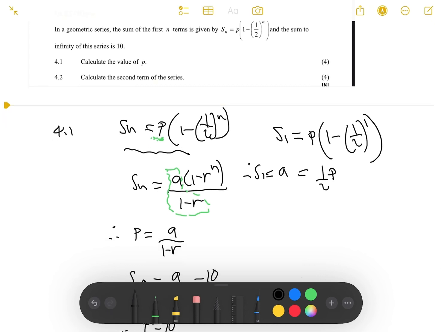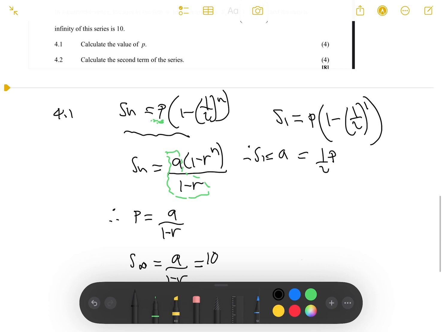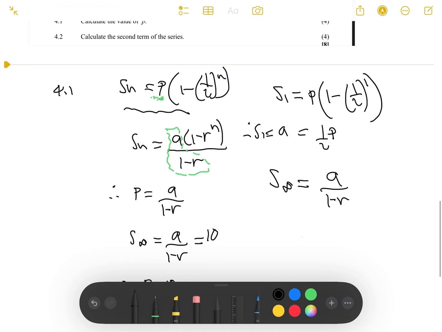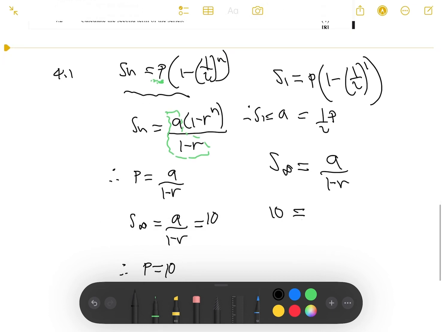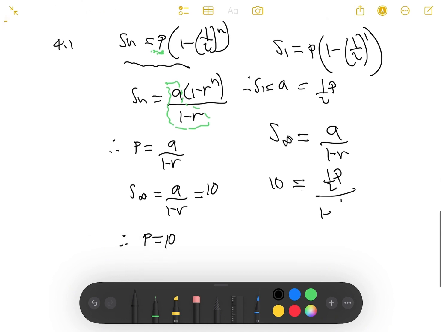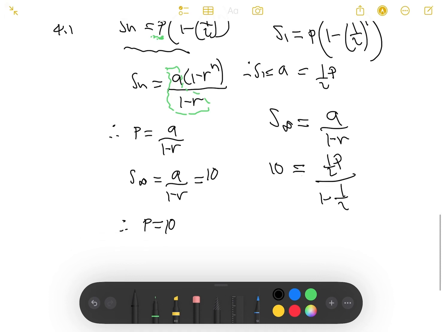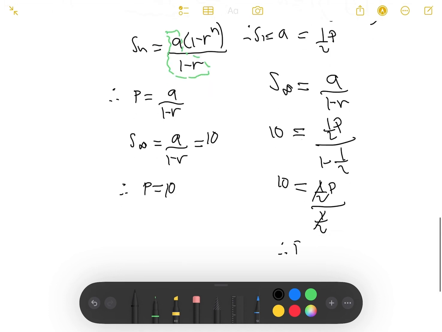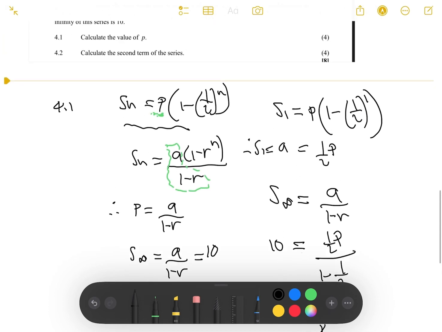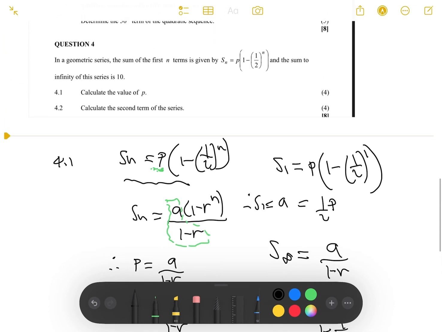And then from that, we therefore say S infinity is equals to a over 1 minus r, of which we are given this as 10. This is half P over 1 minus, we know the ratio is half, right? Therefore, we end up with 10, which is equals to half P over half. Half cancelled. Therefore, P is equals to 10. Right, and then we've calculated the value of P.